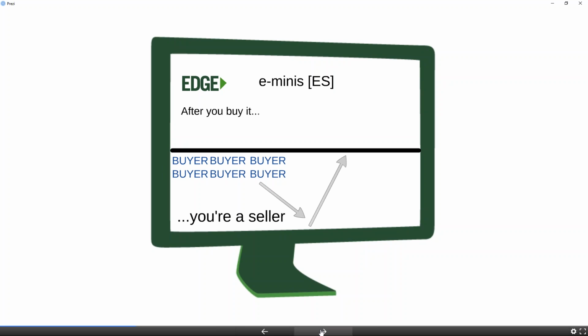I guarantee you, whether you try to sell it or not, the inclination is to get the hell out of that long position, which makes you and everybody else a seller. And if there's a lot of sellers, price isn't going to go through there, is it? It's going to come off and go away. This is your best example for resistance.